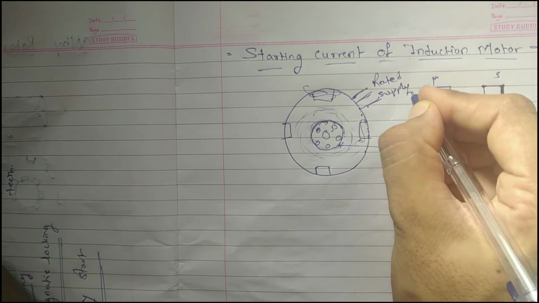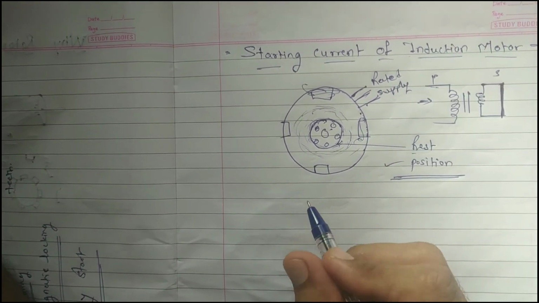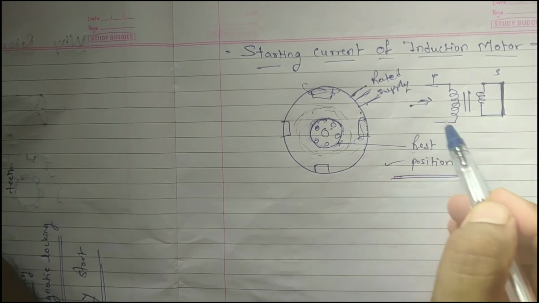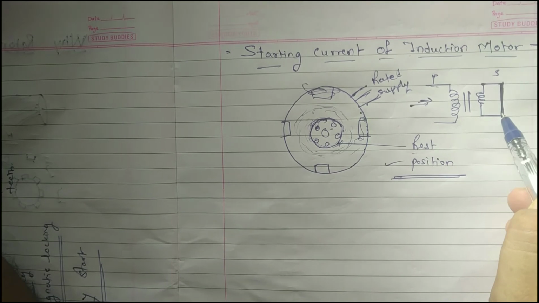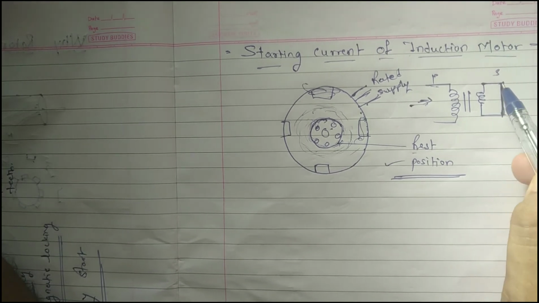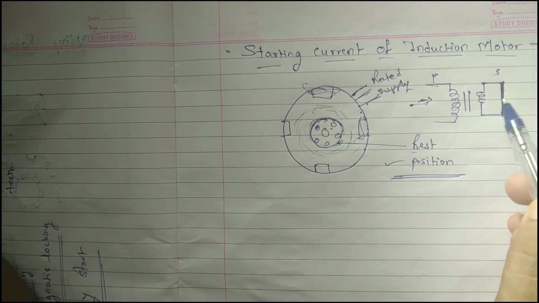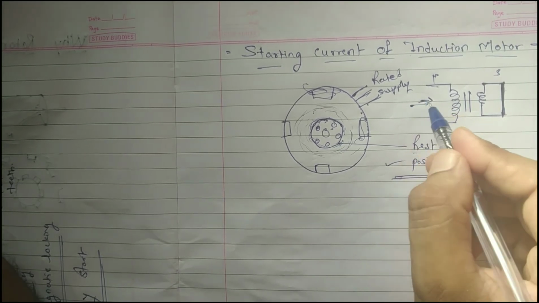Suppose you provide a rated supply at the transformer and you are not putting any load. It means you are short circuiting the whole circuit and connecting it across the rated supply.